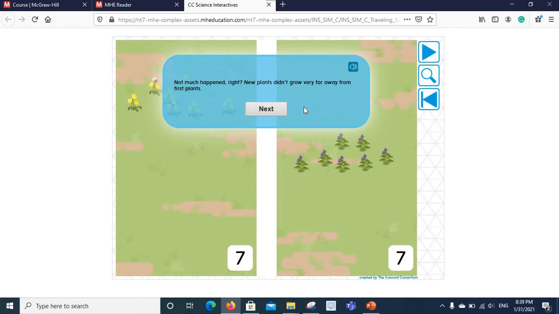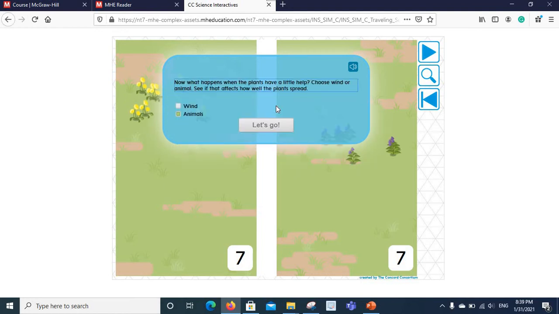New plants didn't grow very far away from first plants. So, what will happen if these plants get a little help? We have 2 ways to help. The first one with wind, the second one with animals. And we will see if that affects how well the plants spread.